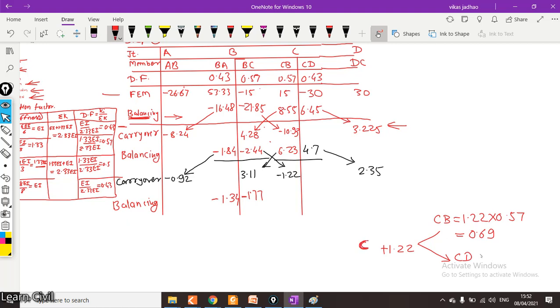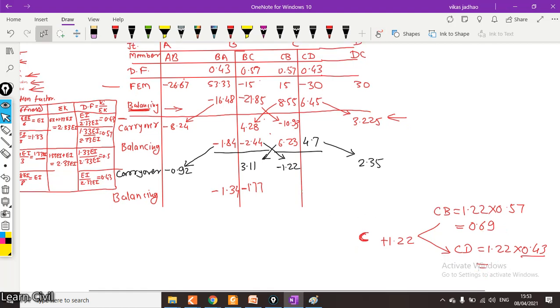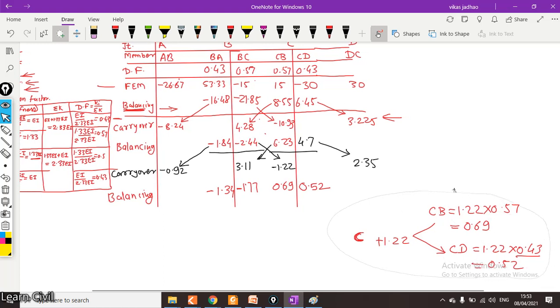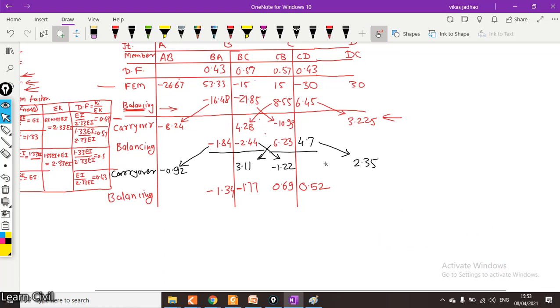For CD, it is 1.22 into 0.43, the corresponding distribution factor for member CD, which equals 0.52. So apply 0.69 here and 0.52 for CD.